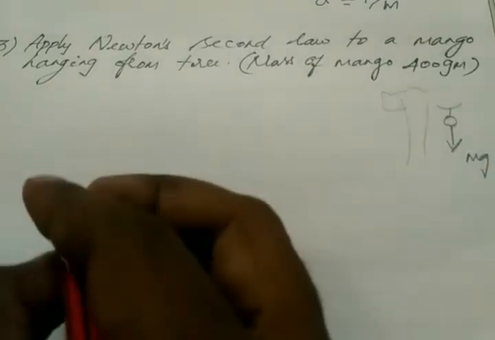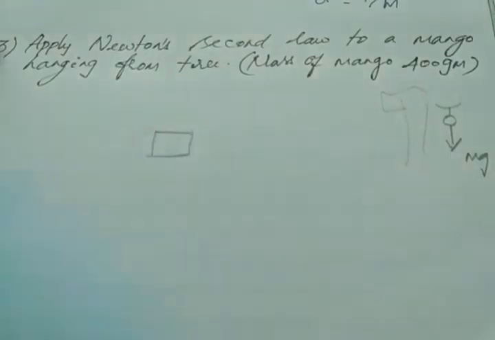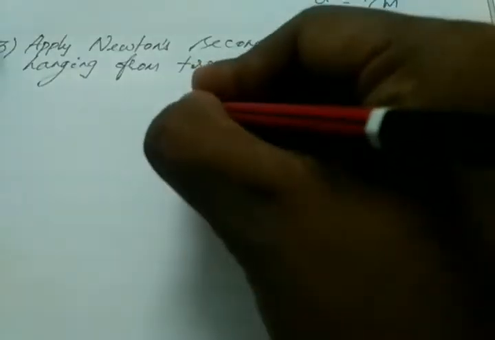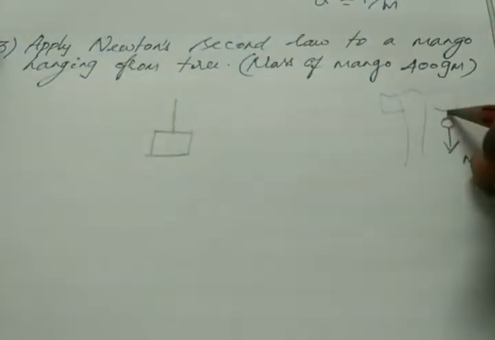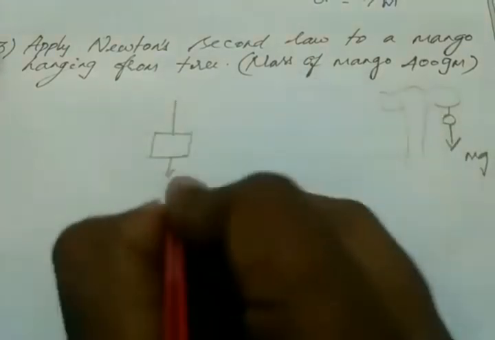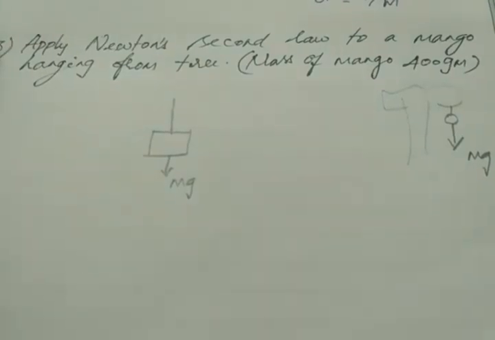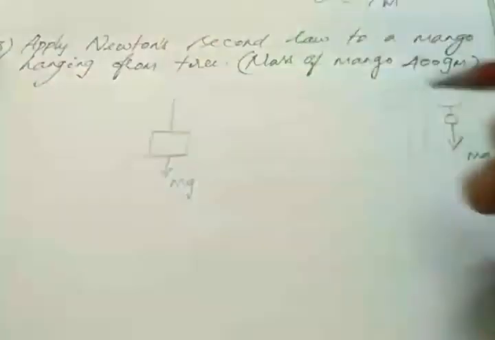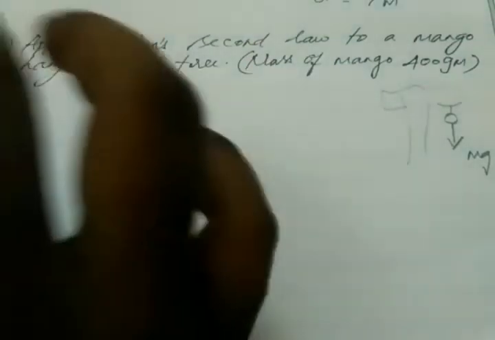If you draw a free body diagram, this is our object, the mango. It is hanging on a tree, so there must be some support, a cord, a small branch, and it has some weight mg. Then what is the direction of the tension force? Whenever an object is hung, a tension force is created on the string or on the rope.